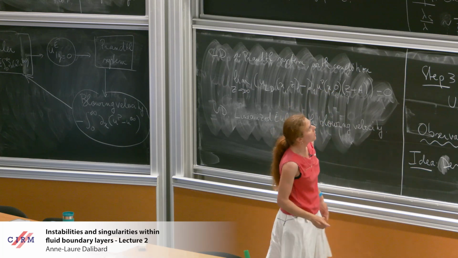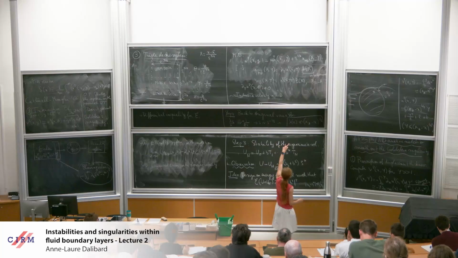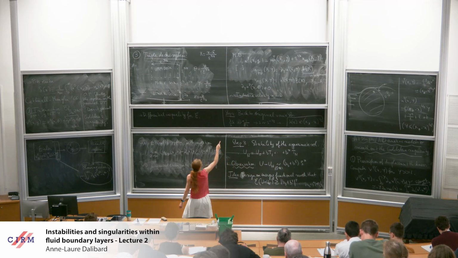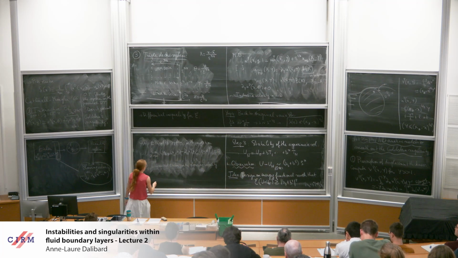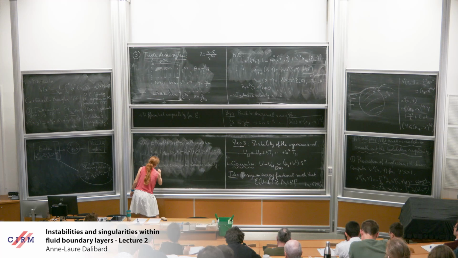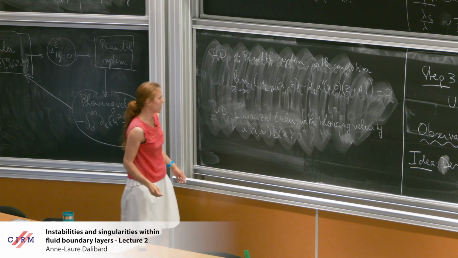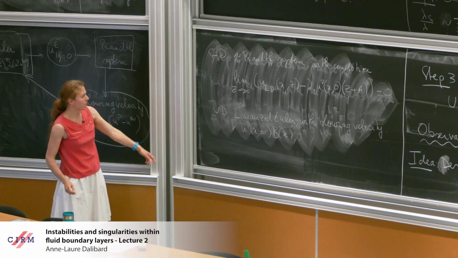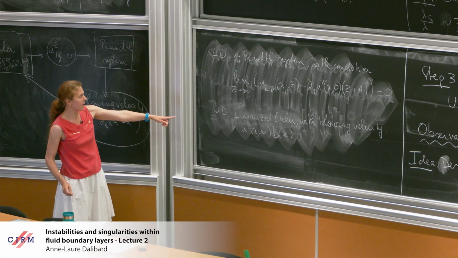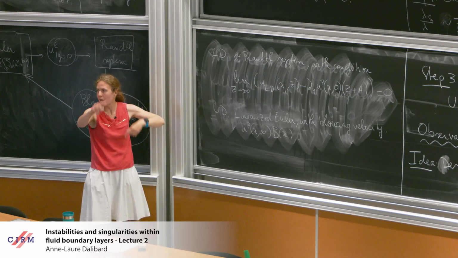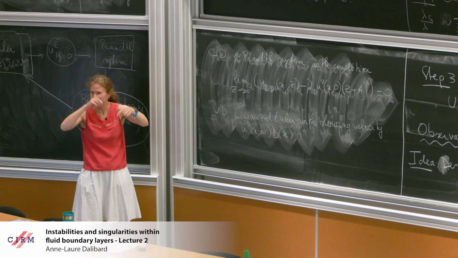This blowing velocity comes from the velocity in the middle deck, so this blowing velocity is u^p of x at infinity times b of x. And this will give you a pressure that you will then feed to the lower deck. So you have a kind of coupling between all these layers.